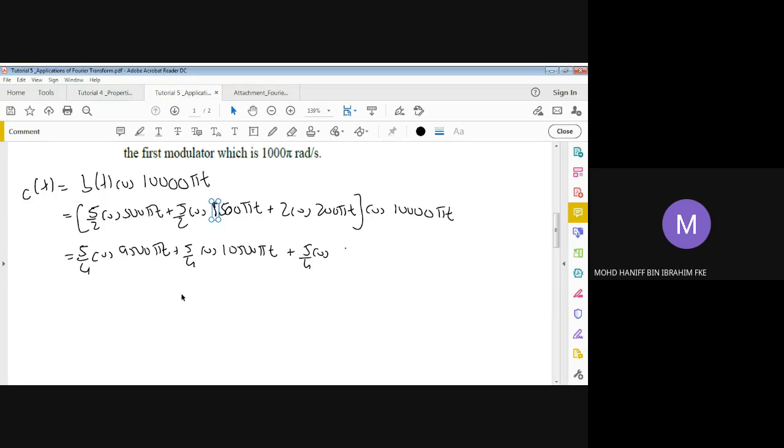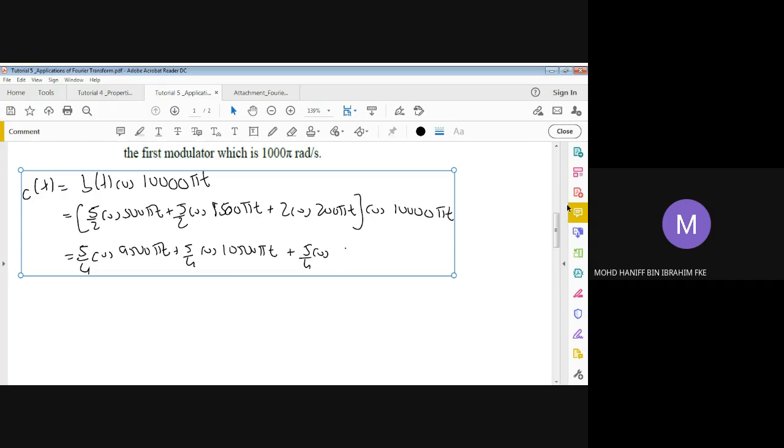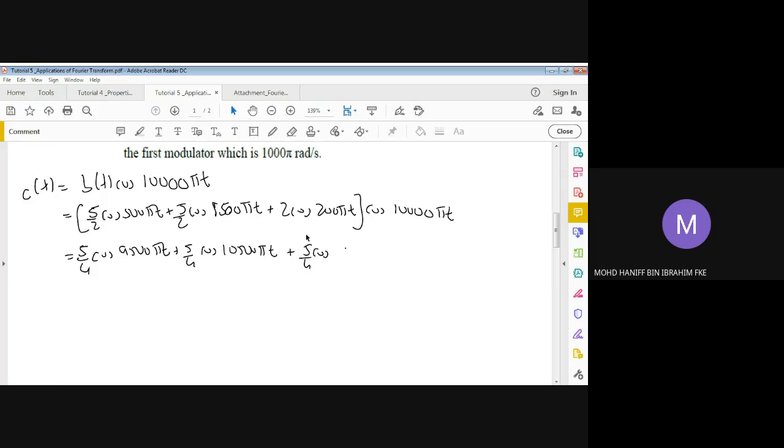So we're going to have 5/4 cosine of 8,500 pi t, and plus 5/4 cosine of 11,500 pi t.